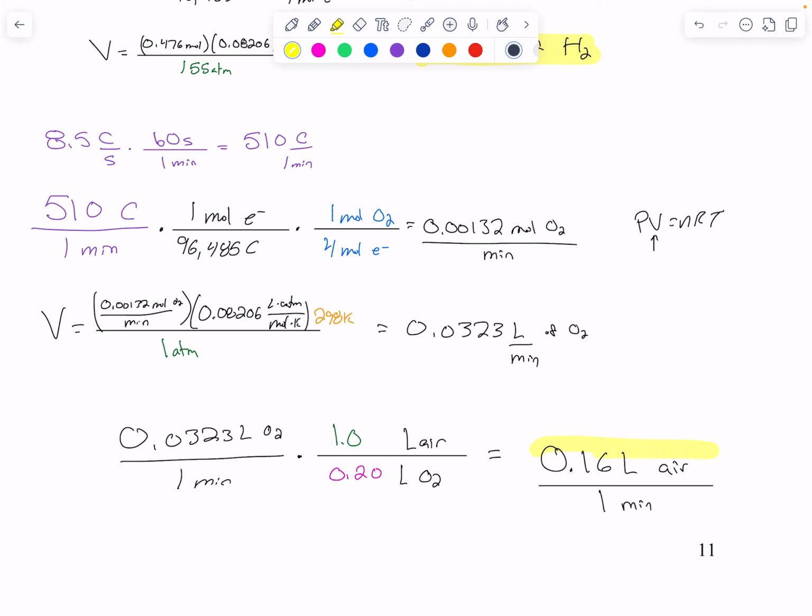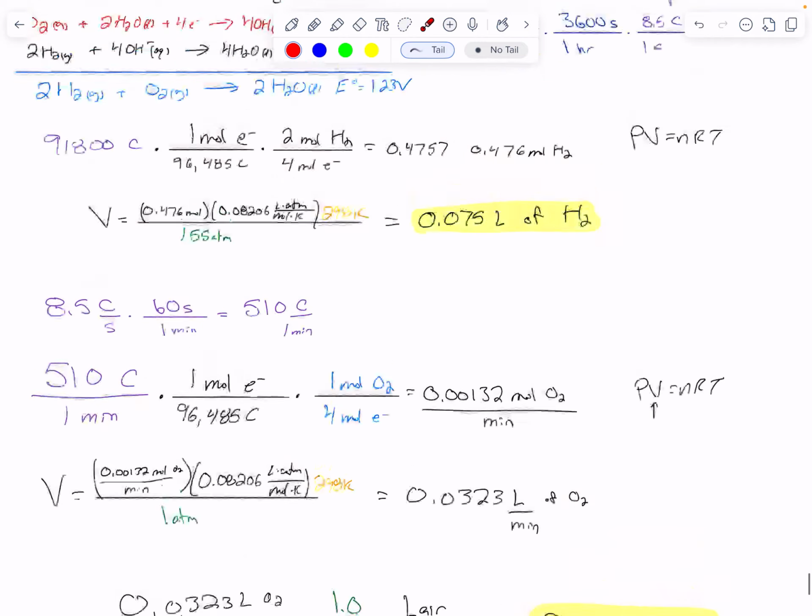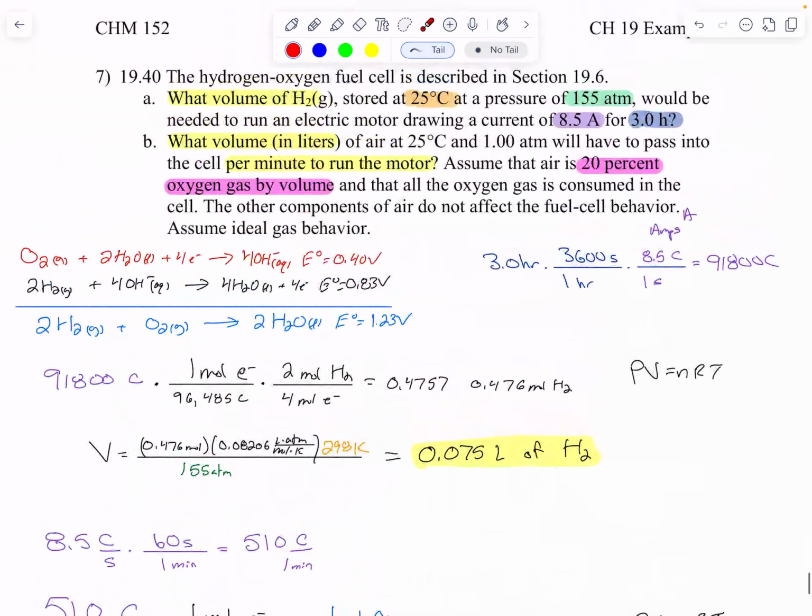All right, so let's recap everything we had. We have the hydrogen oxygen fuel cell. First question: what volume of H2? We figured out for 3 hours how many coulombs need to pass through, the total amount of charge, because we have the amps and the time.